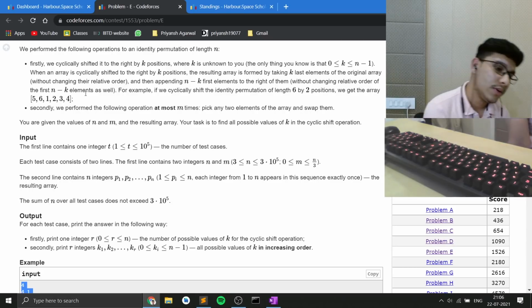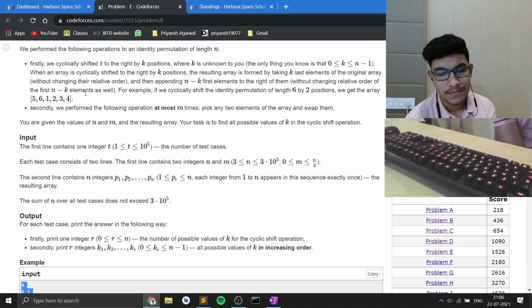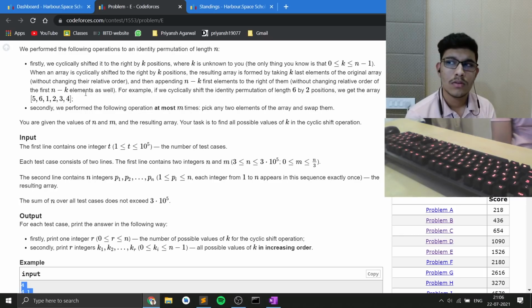So we can only do n by 3 swaps. So if we have, let's say 6, then we can only do 2 swaps. So either we can have 2 cycles of length 2, or we can have 1 cycle of length 3.